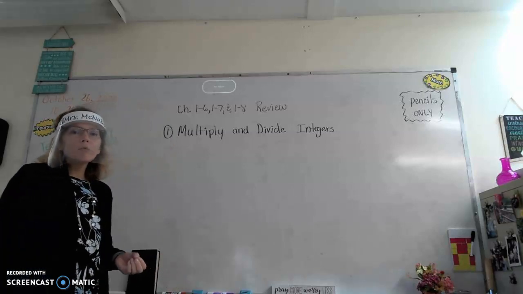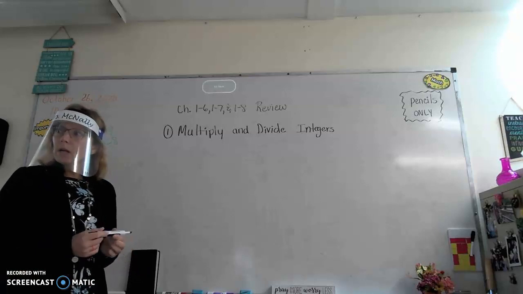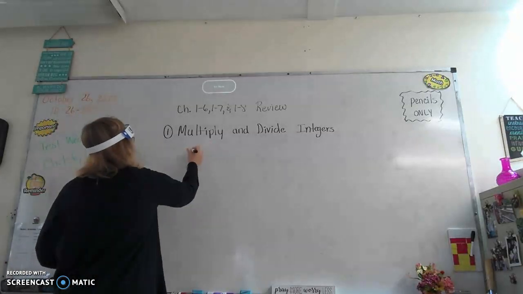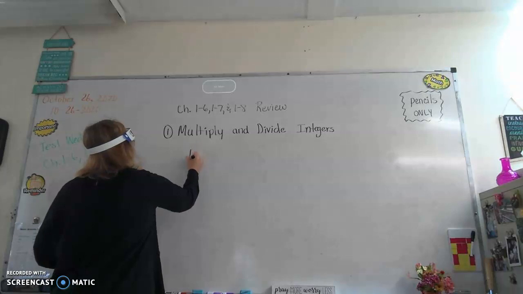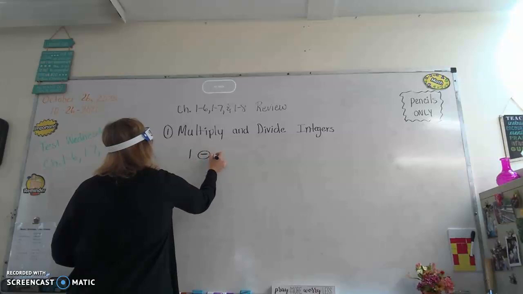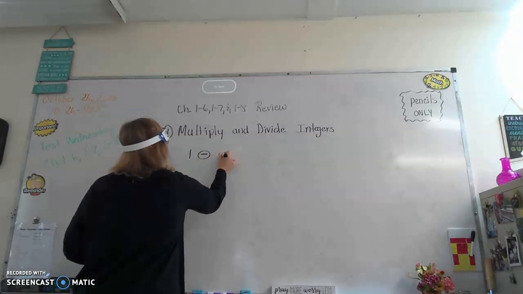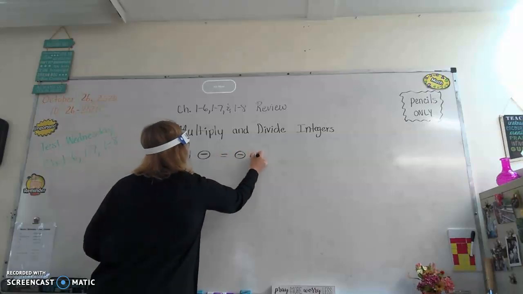Now, there are some rules for multiplying and dividing integers. Does anybody remember? If you have one negative, it's a negative answer.